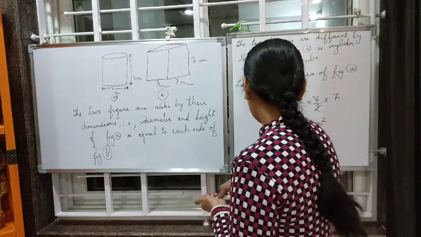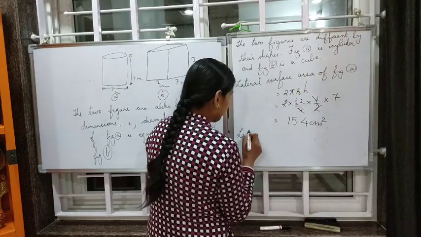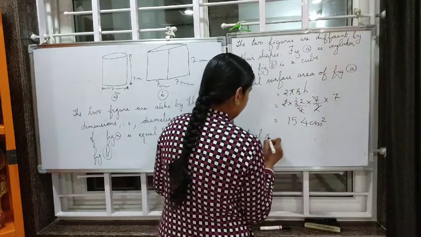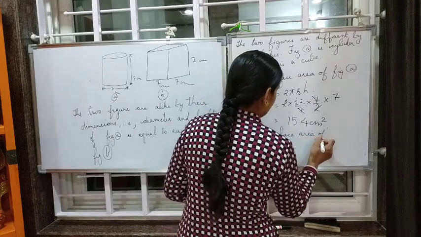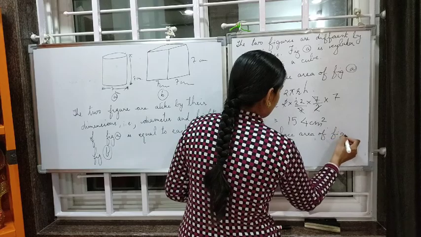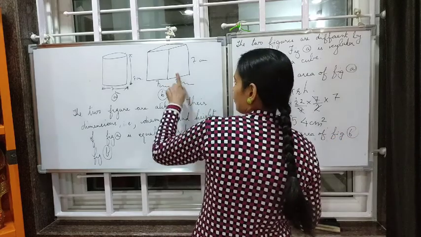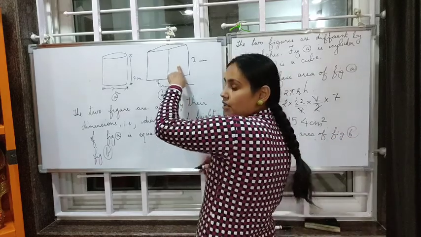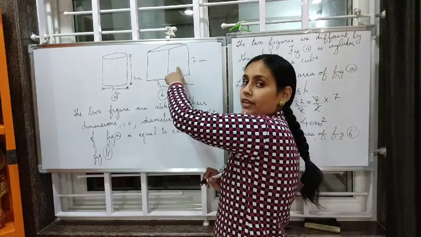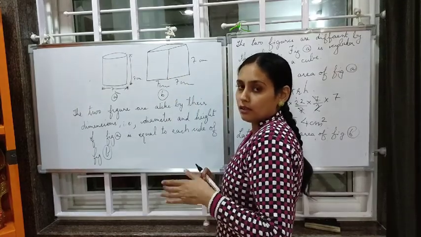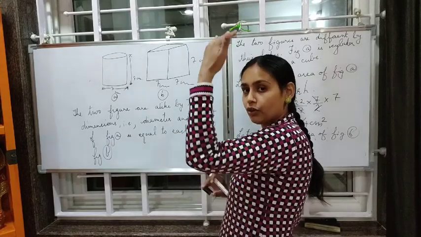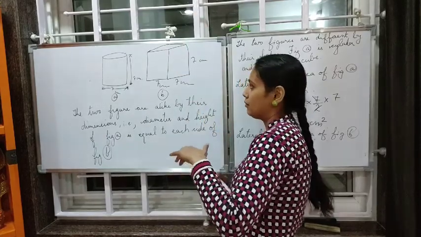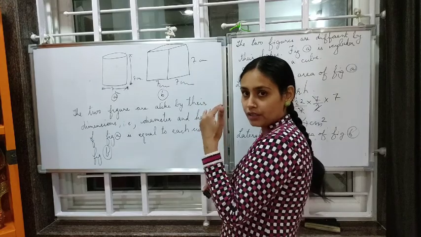Now we will find the lateral surface area of figure B. Lateral surface area of figure B, that means the cube, where we will find out the area of only the 4 sides. Yes, we will not include the top and the base. That means 4 squares, right?